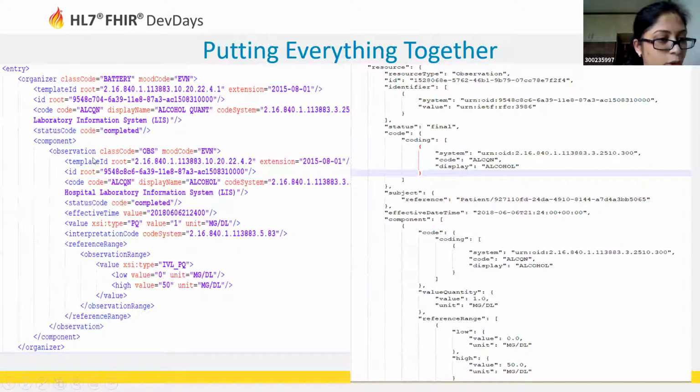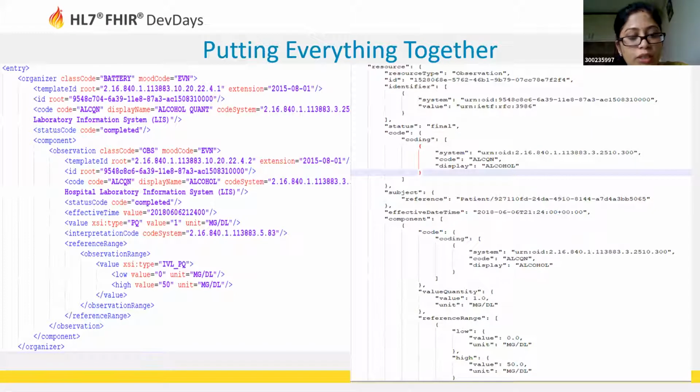You typically have some components and observations. And when I transform this given CDA via the data element extractor actor, we get an equivalent FHIR bundle. And appropriately, we also provide the references to the other resources that exist within the bundle. So this is the normal transformation we do.